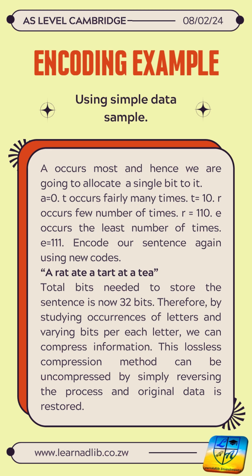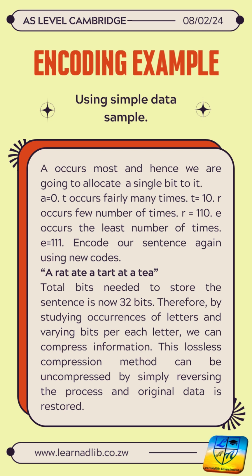Look, we are now using variable length encoding. We are saying the character that occurs most should have the smallest number of bits. We are no longer following our fixed length encoding where each and every character has 8 bits.